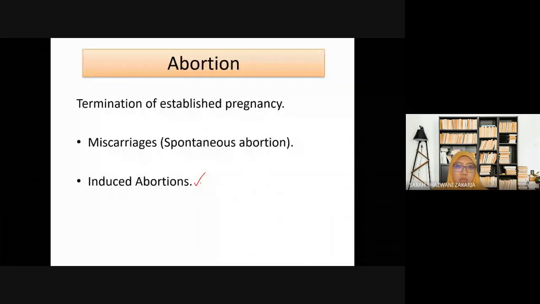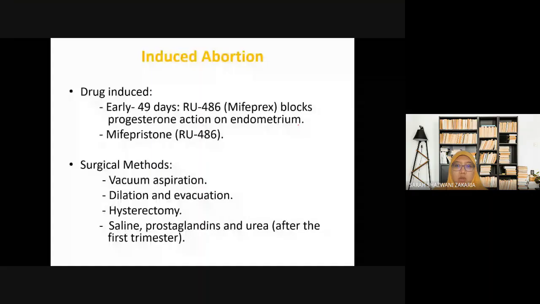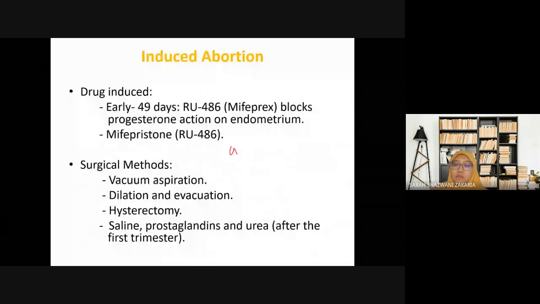Okay. Drug induced, this one mifex, blocks progesterone action on endometrium. Okay, anti lah, anti progesteron, mungkin ada banyak jenis lah. So kalau it's early phase, prior to ovulation, taking the progesterone will prevent the ovulation.